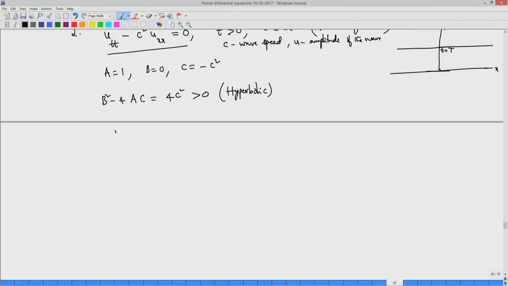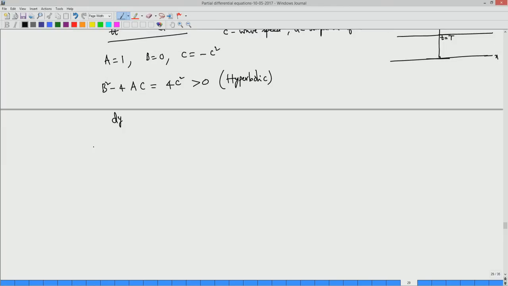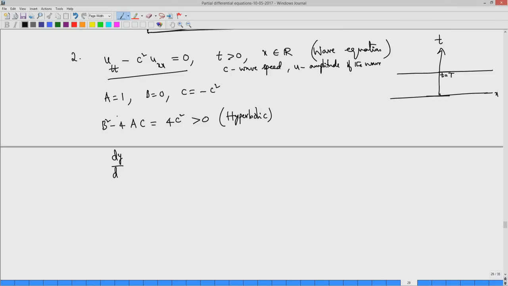So, what are the new variables that we can get if you solve the ODEs? Here y is x, so you have to consider dx by dt equal to, b is 0, square root of b square minus 4ac, that is 2c, divided by 2a. So, this is equal to c.